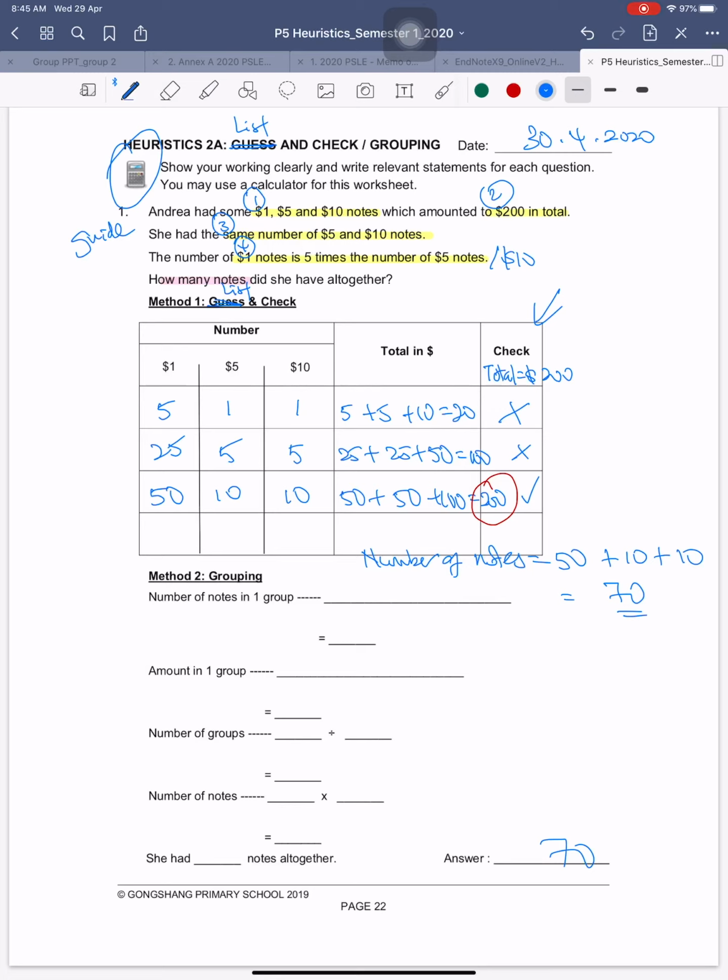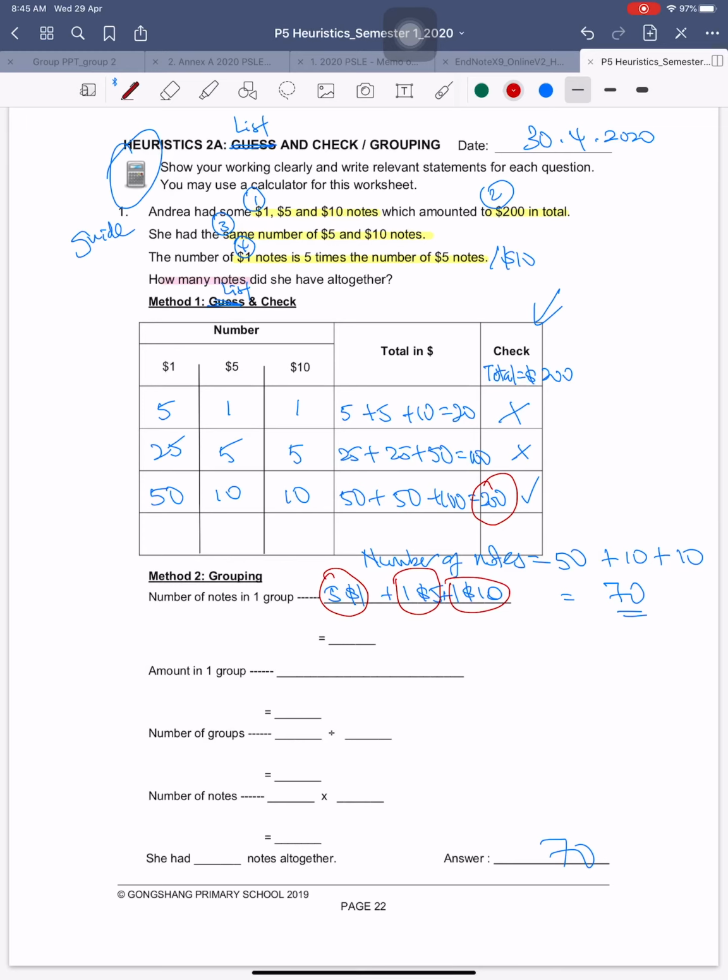Meaning, I want to group my 5 $1 notes, 1 $5 note and 1 $10 note. I'm going to group these three together.